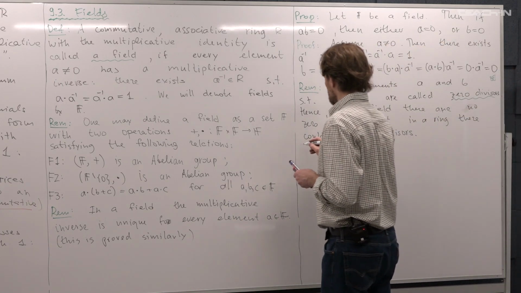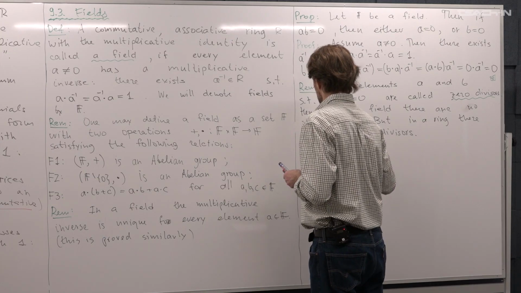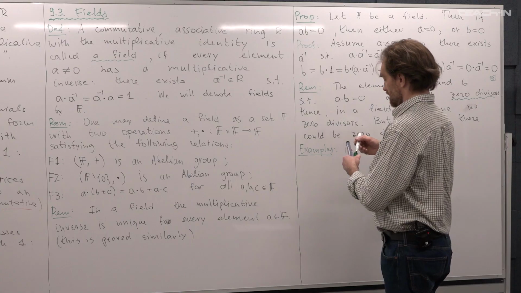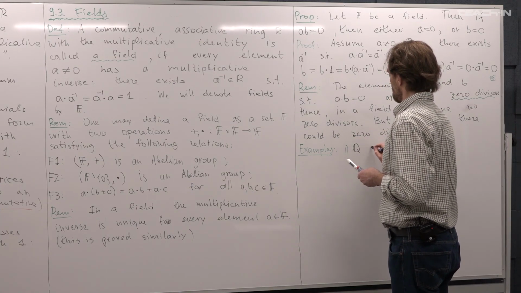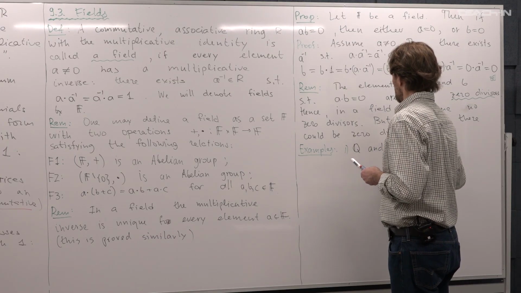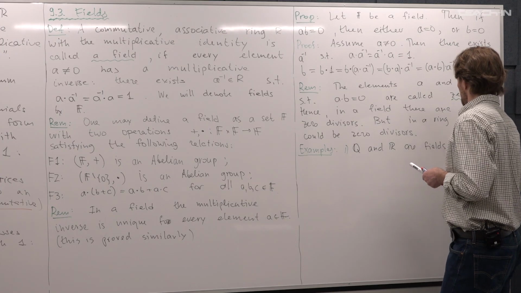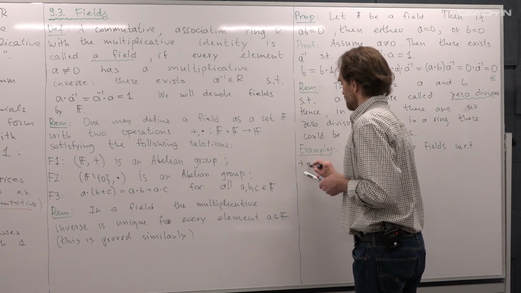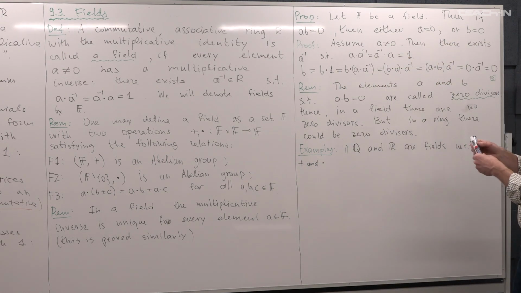And so let us consider some examples. The first example shows that the set of rational numbers and the set of real numbers are fields with respect to the standard addition and multiplication.